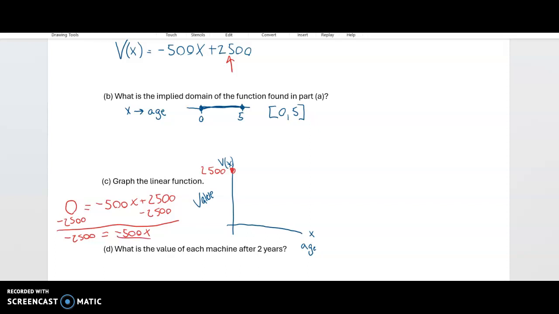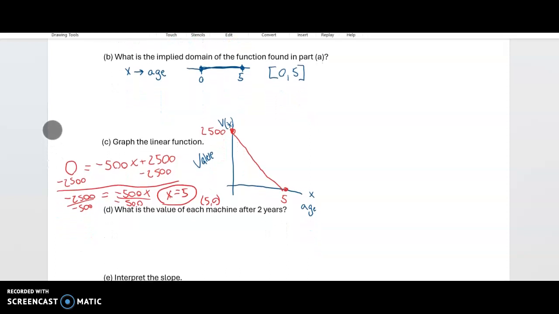And I can divide both sides of my equation by negative 500, and I'll get x equals 5. So I have the point (5, 0). And I have a line going between there. That's a quick graph of my function.